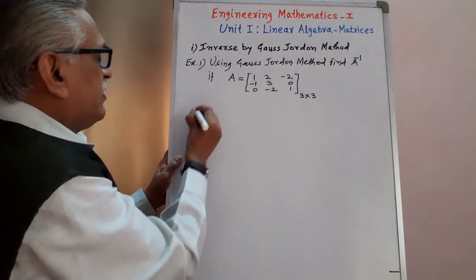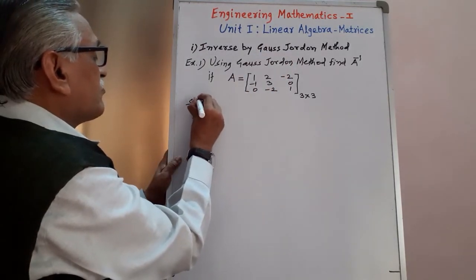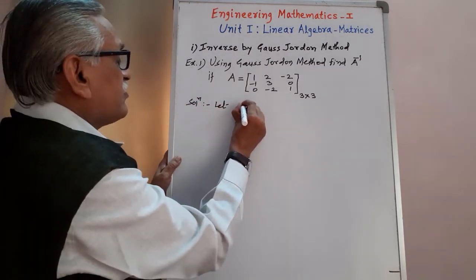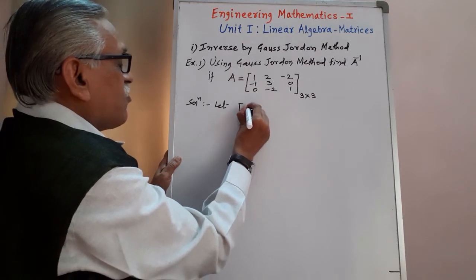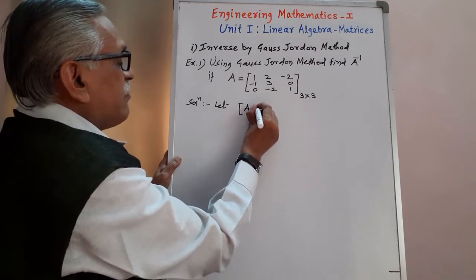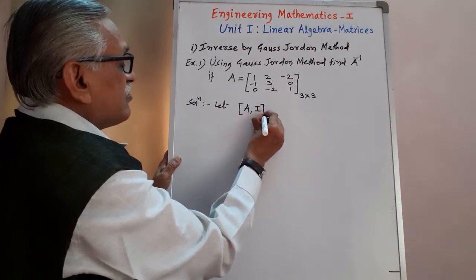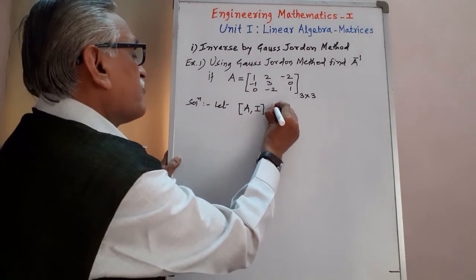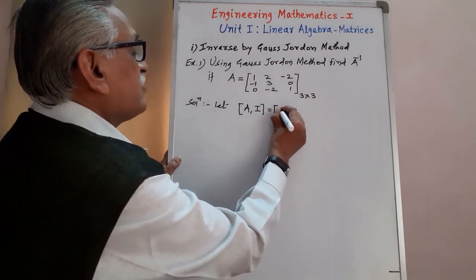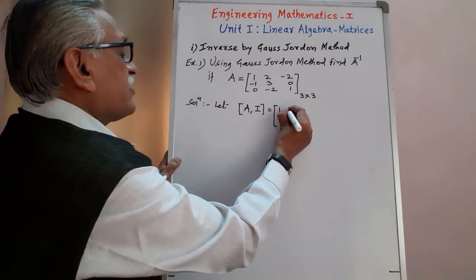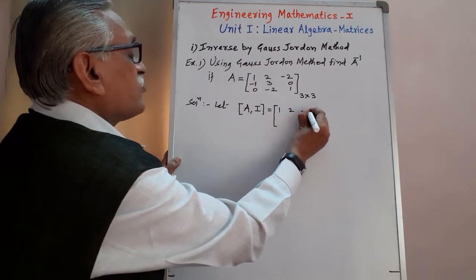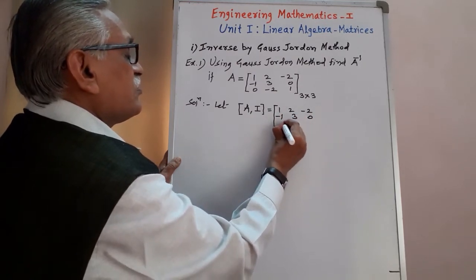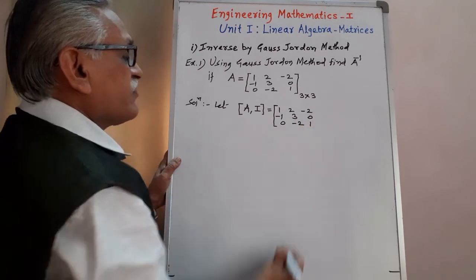And to obtain that inverse, let's consider the combination of matrix A and matrix I, and that is equal to matrix A, containing elements 1 2 minus 2, minus 1 3 0, 0 minus 2 1.